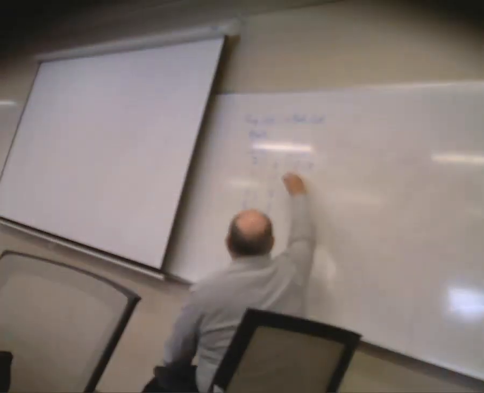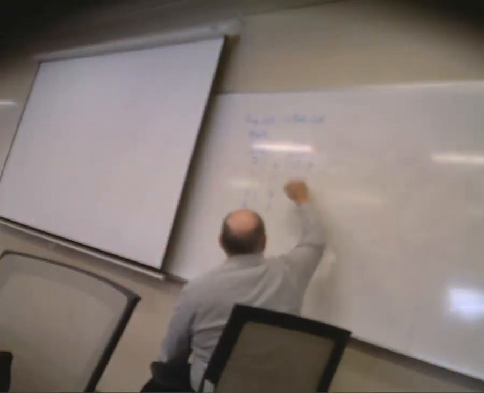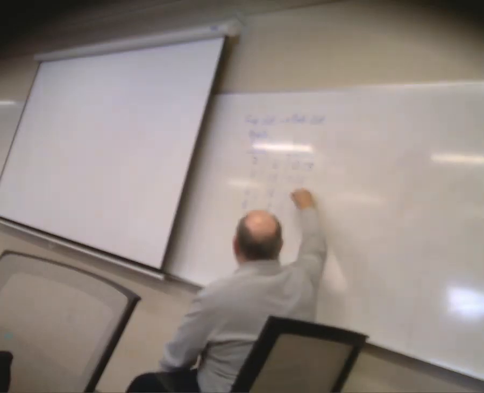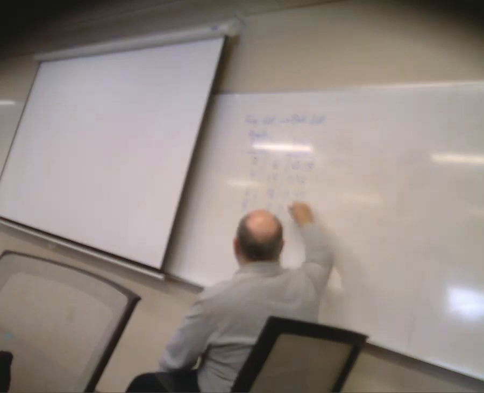Next one, 0.35. All right. Next, 0.45. And last, 0.05. All right. These are my observed probabilities.